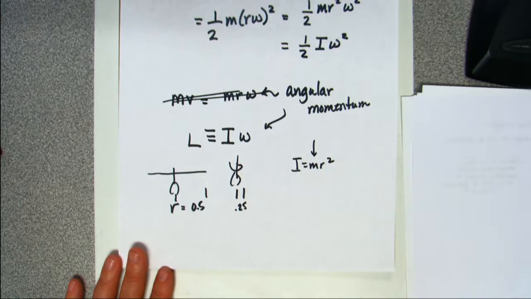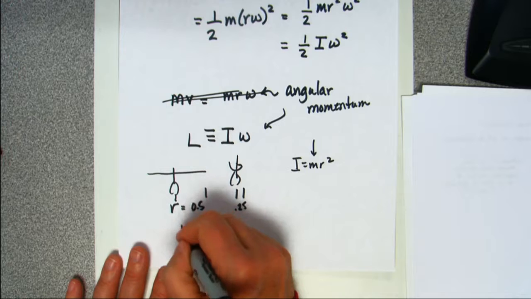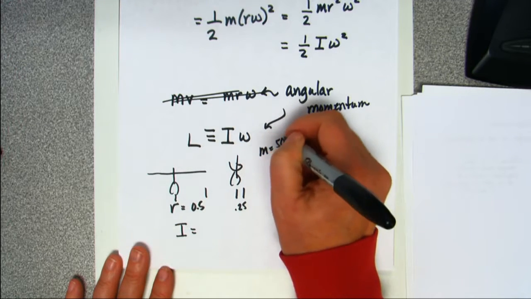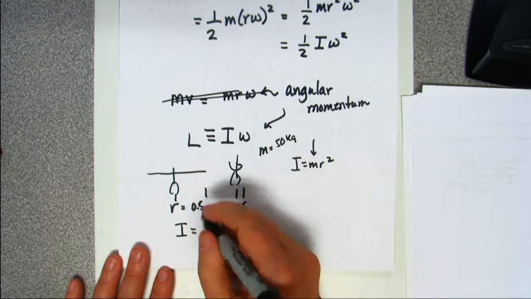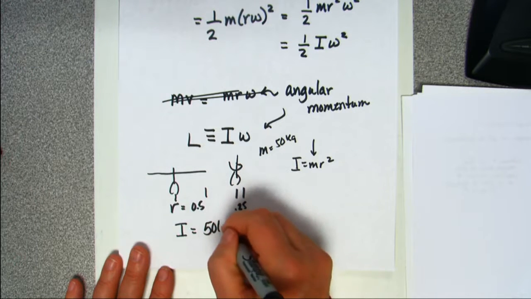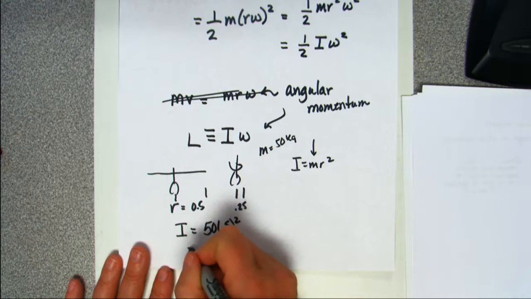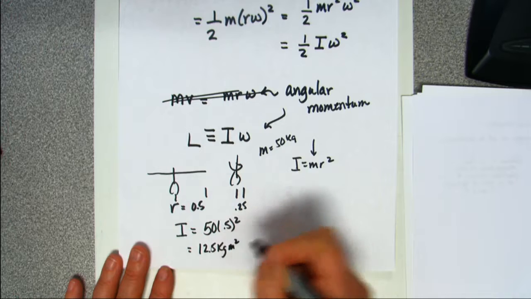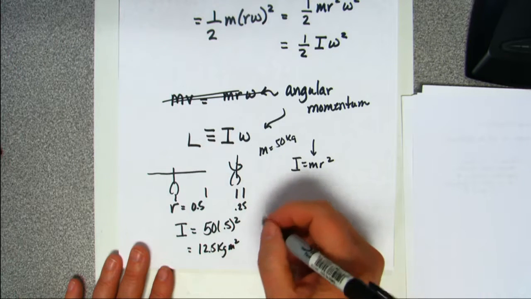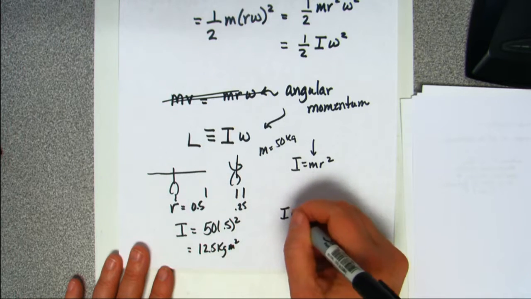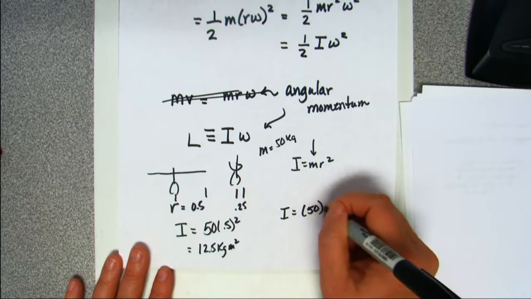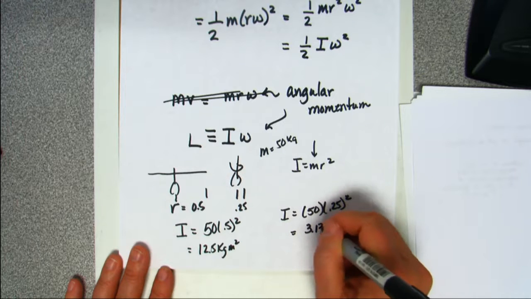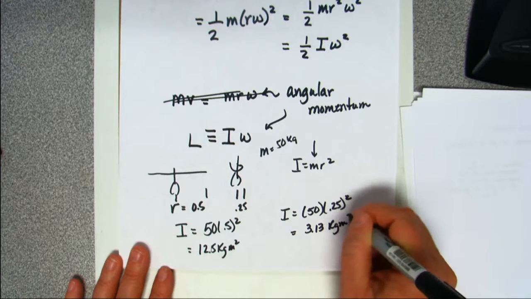We're changing the radius, so I is equal to, and I'm going to have my skater be 50 kilograms. We're going to get 50 times 0.5 squared, which gives me 12.5 kilograms meters squared. And for my I2, it's 50 times 0.25 squared, and that gives me 3.13 kilograms meters squared.